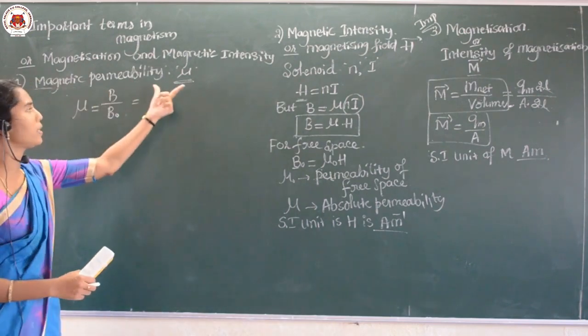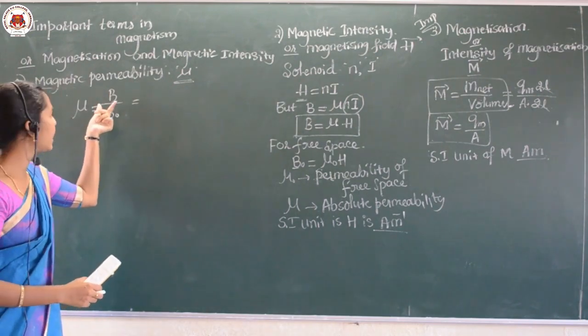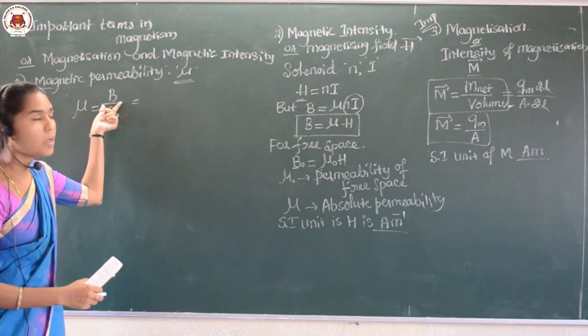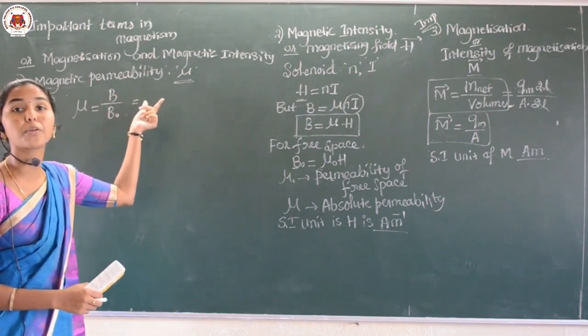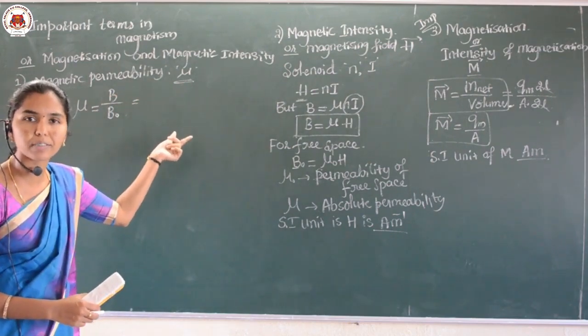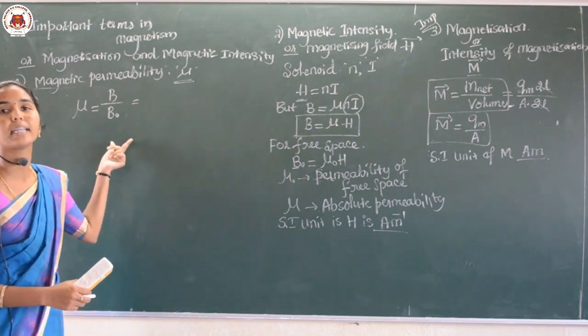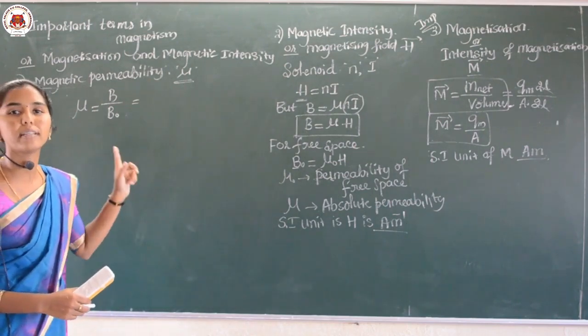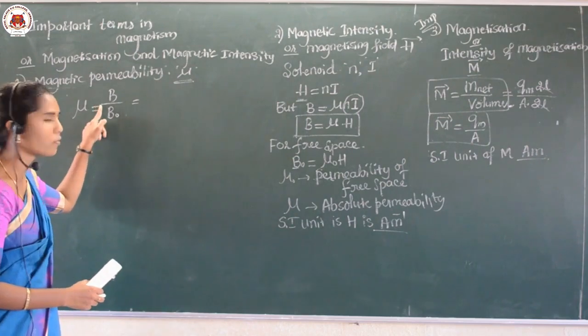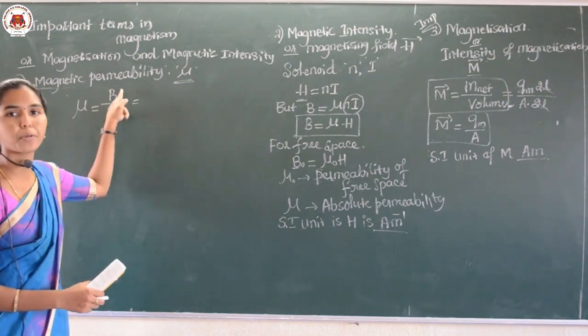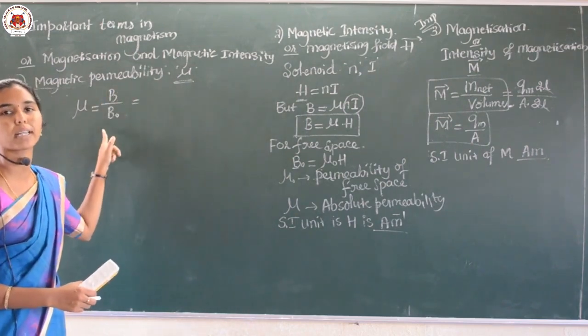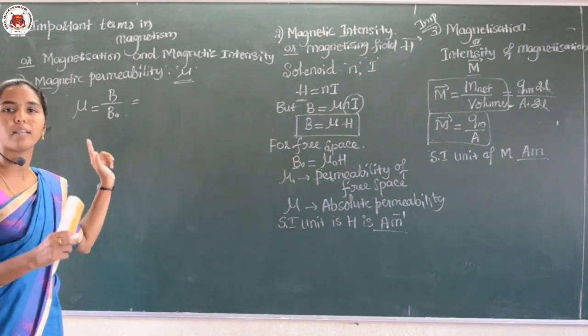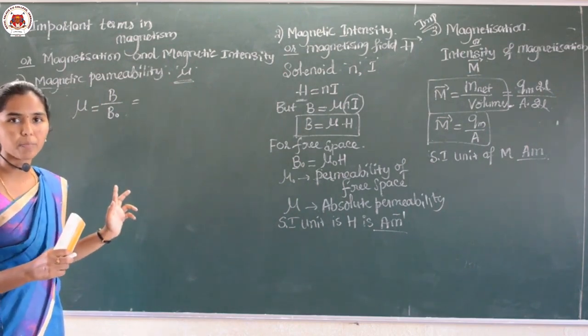Magnetic permeability mu is the ratio of the magnetic induction produced in a specimen to the magnetic induction produced in free space. Am I clear? Yes.